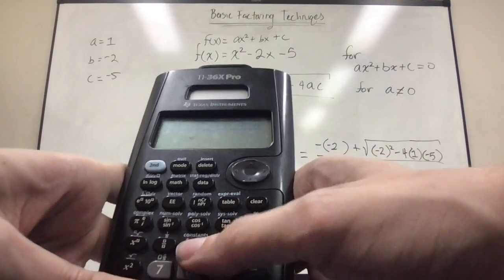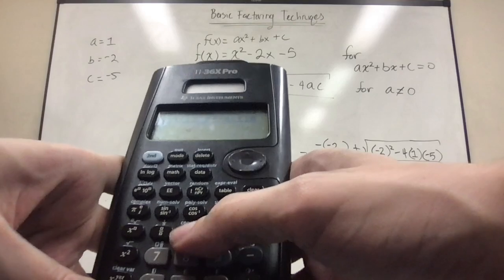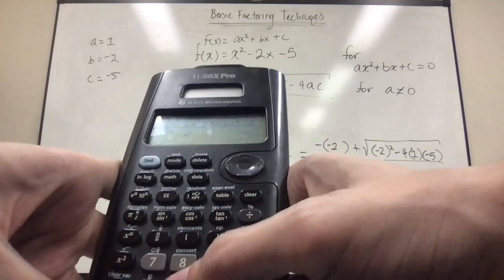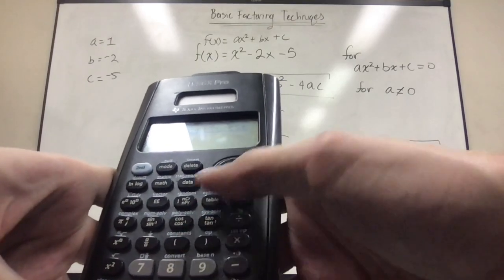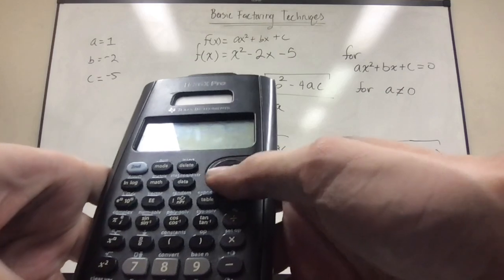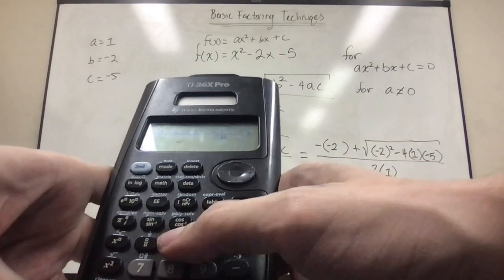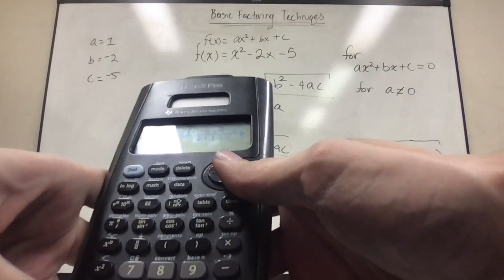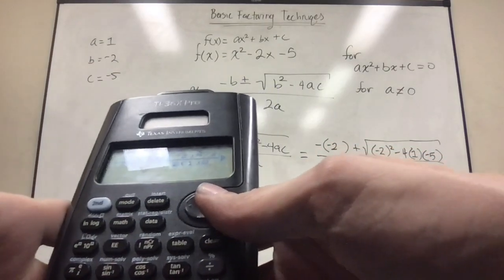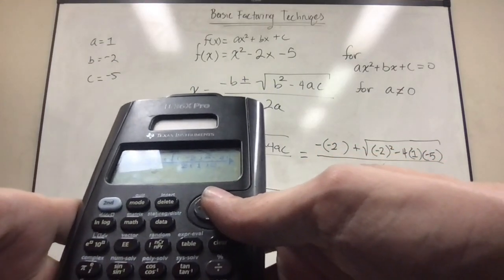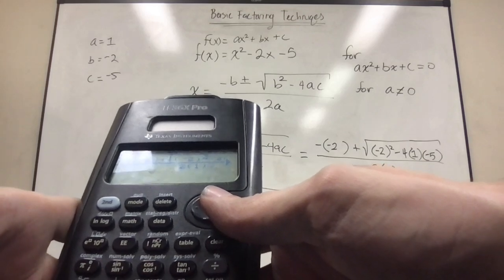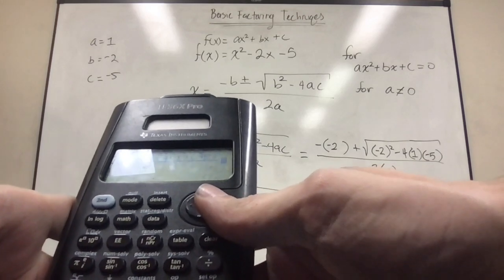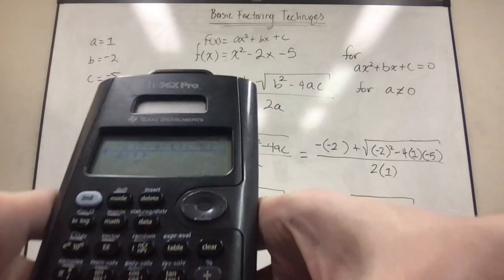Minus 4 times 1. If you have one of these calculators, I love these calculators. The way you see it on the board, you can just plug it directly in without having to do any tricks or anything. The way you see it is the way it goes into the calculator. Negative 2, and then negative 4, and then 2, and then negative 5.